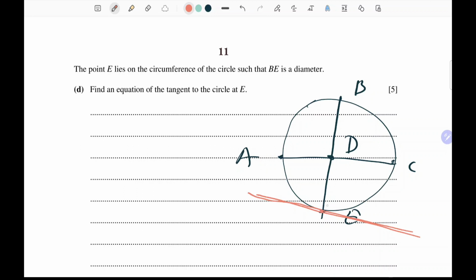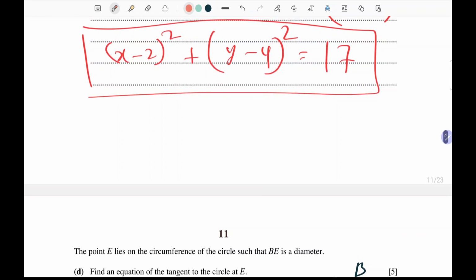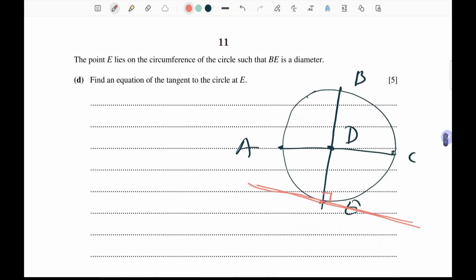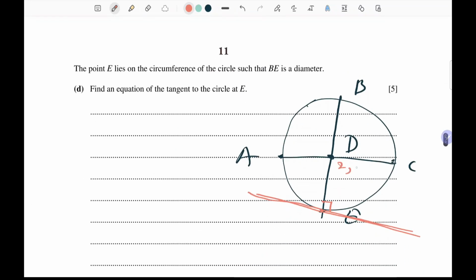Okay, this is the tangent. Of course, this will be 90 degrees. So we need to find the equation of the tangent. Okay, that's great. What's the center? 2, 4. So guys, this is 2, 4.